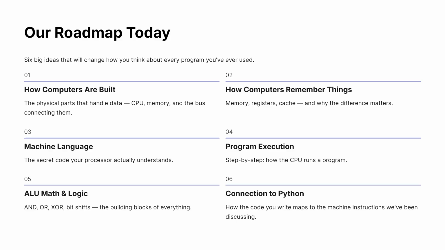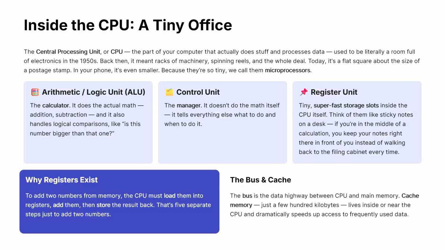We'll walk through how a program actually executes, step by step. Then we'll look at the math and logic your CPU does under the hood, and operations, bit shifts, all of it. And finally, we'll connect all of this to something you might actually write yourself. Python code. No prior experience needed. Let's go.